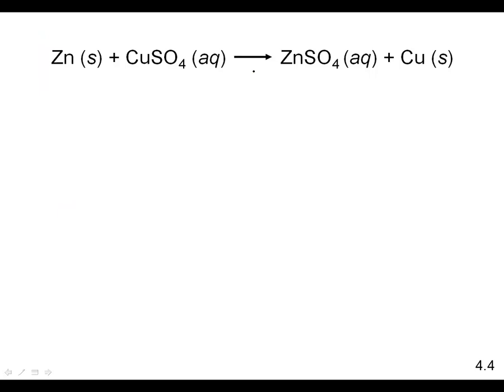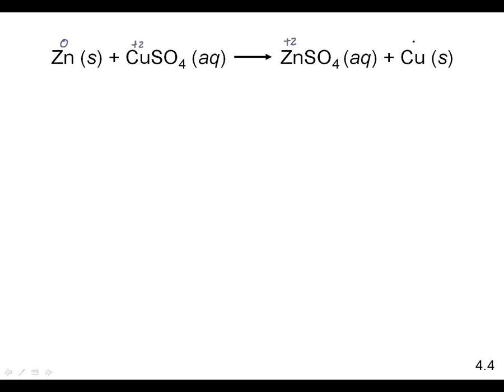Here's another reaction here. And this reaction is also a redox reaction if we look at it. If we look at the oxidation state of zinc, again, all by itself, not combined with anything, has a 0 in terms of its oxidation state. The zinc over here, though, when it combines with the sulfate, has a +2 oxidation state. The copper over here has a +2 oxidation state.